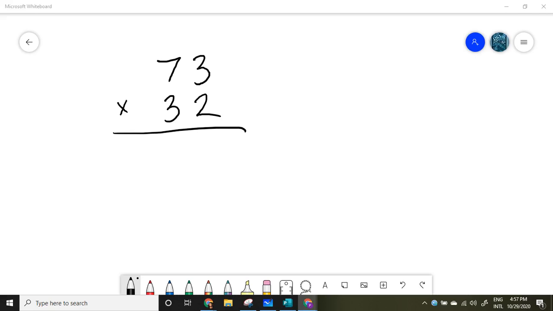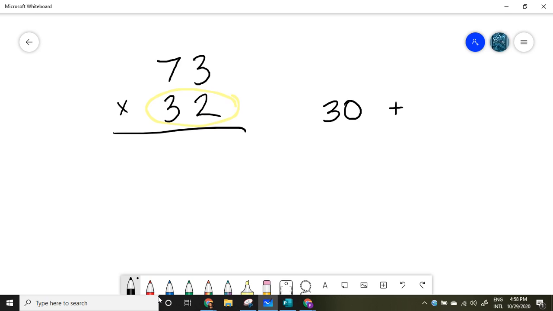Let's try another problem where we split our big multiplication problem into 2 smaller multiplication problems. So first, I'm going to split up my bottom number, 32. I'm going to write this in expanded form. So I look at my tens. I have 3 tens, so that means that my value is 30.